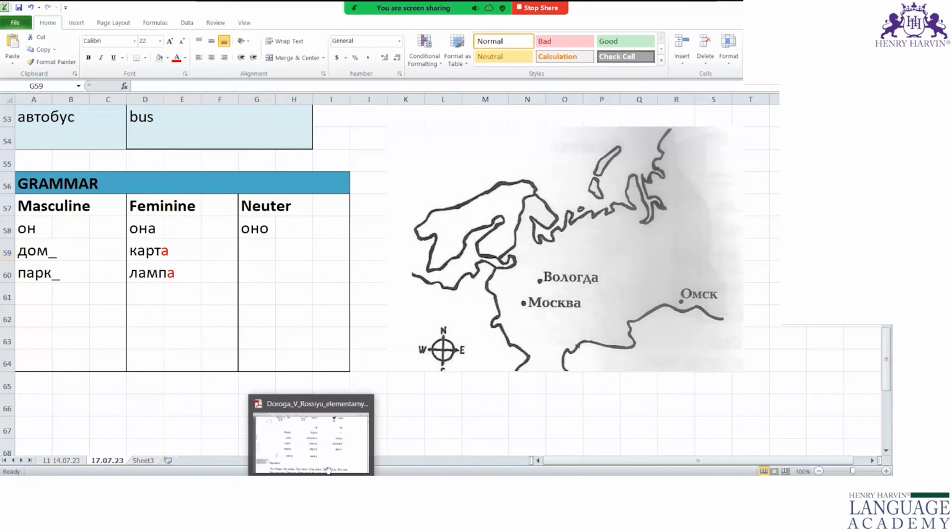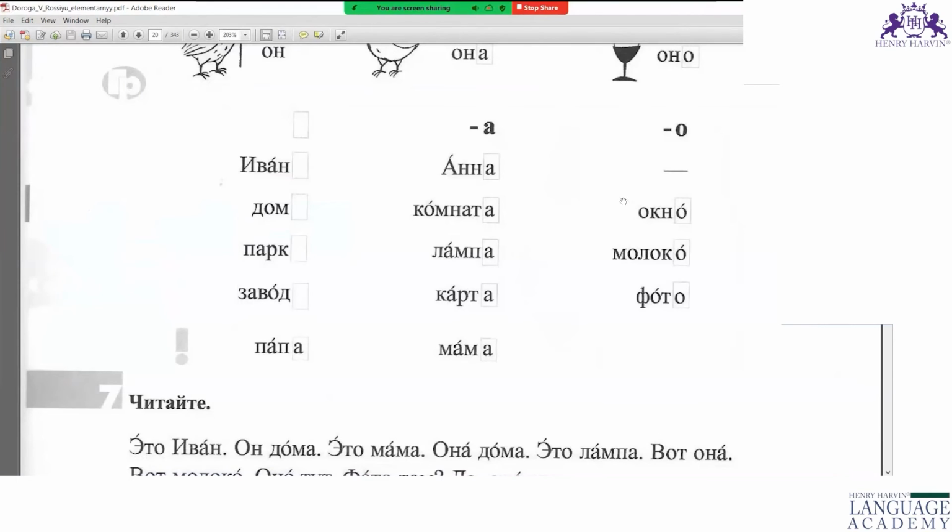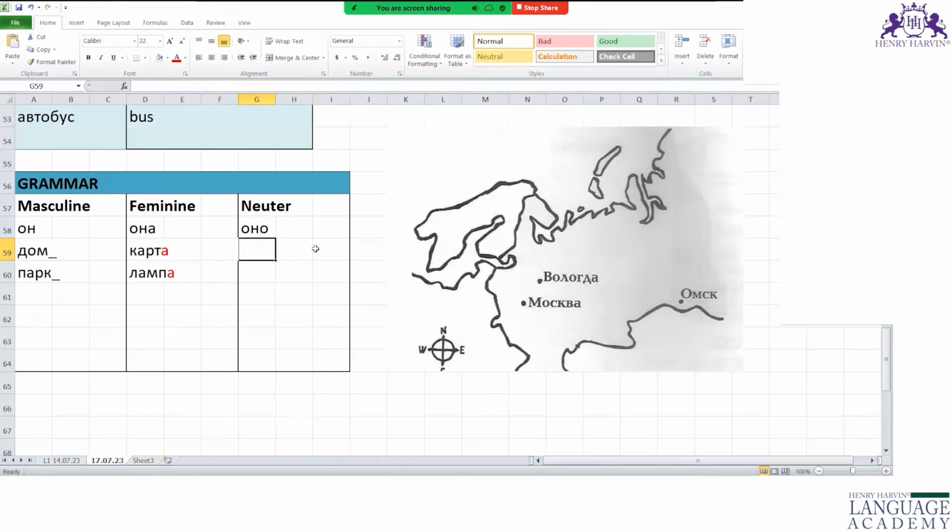And the last rule is, when the word ends in letter О, it is neuter. It is it, оно. For example, окно, молоко, фото. Let's write down окно, молоко. Why do we know that it is neuter gender? Just because it ends in letter О.